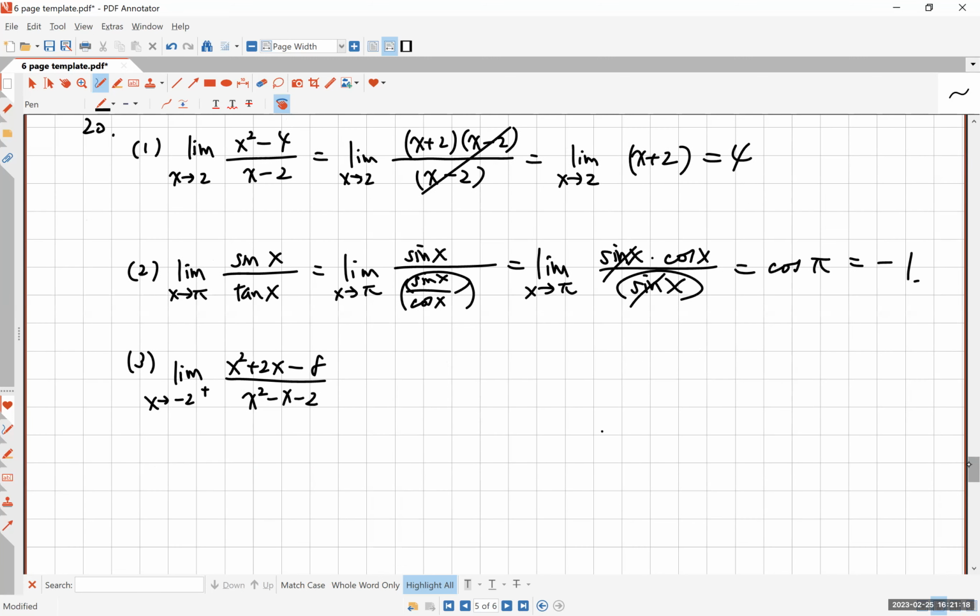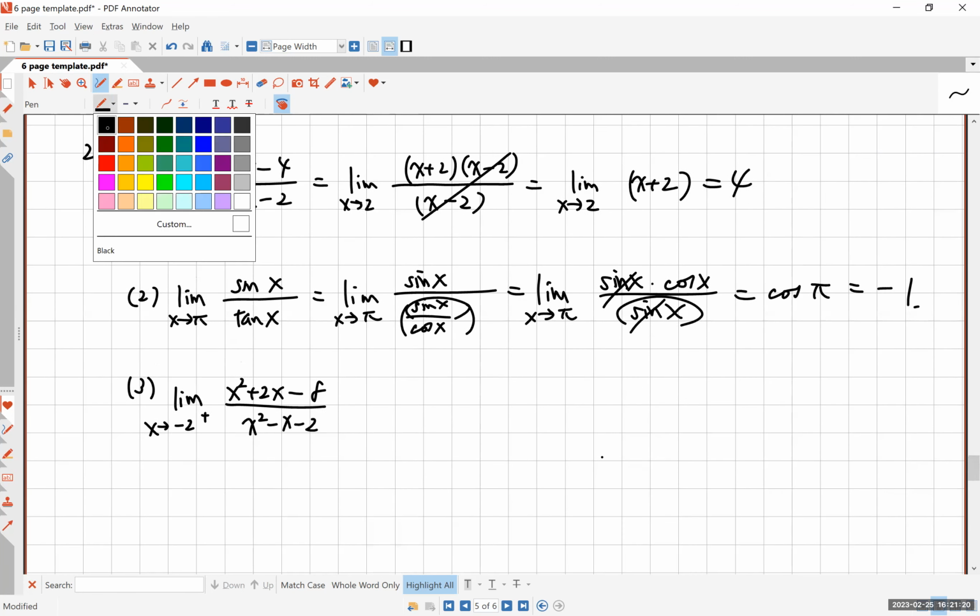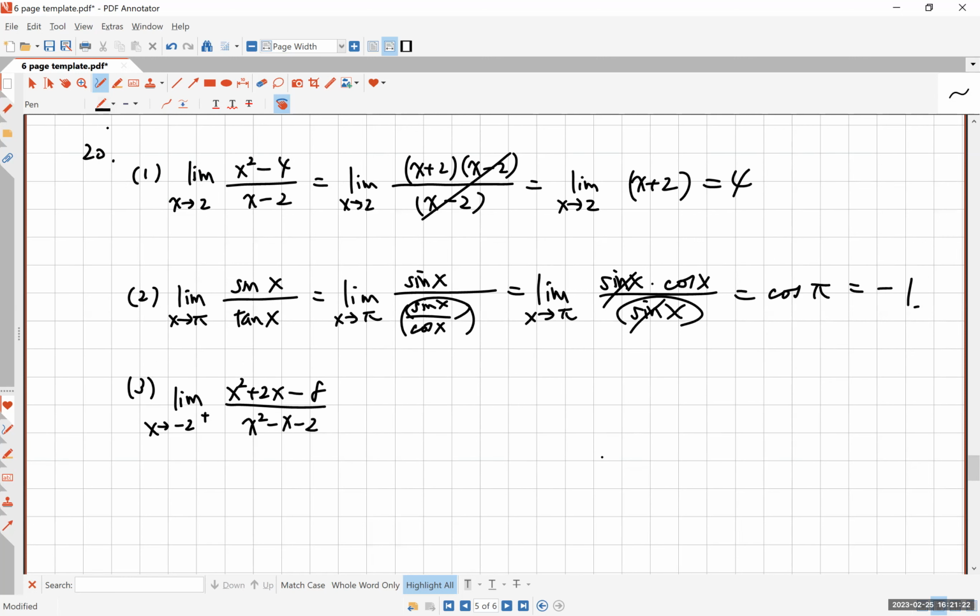And so that is the answer to that question. In all of these, the idea is to take some algebra steps to get rid of the bad guys that are preventing you from being able to plug in the number. So for this one too, if you plug in -2, I think you get 0/0. Let's worry about this plus sign later.